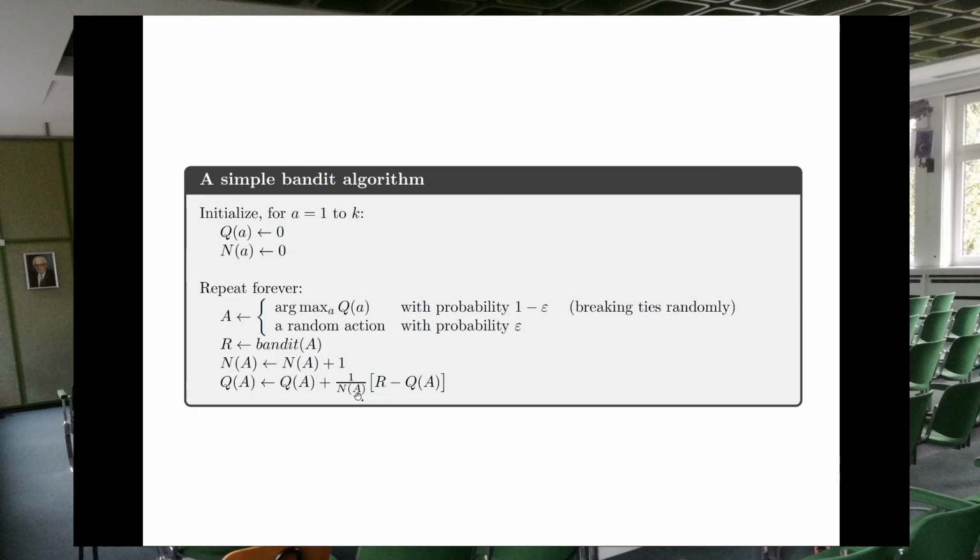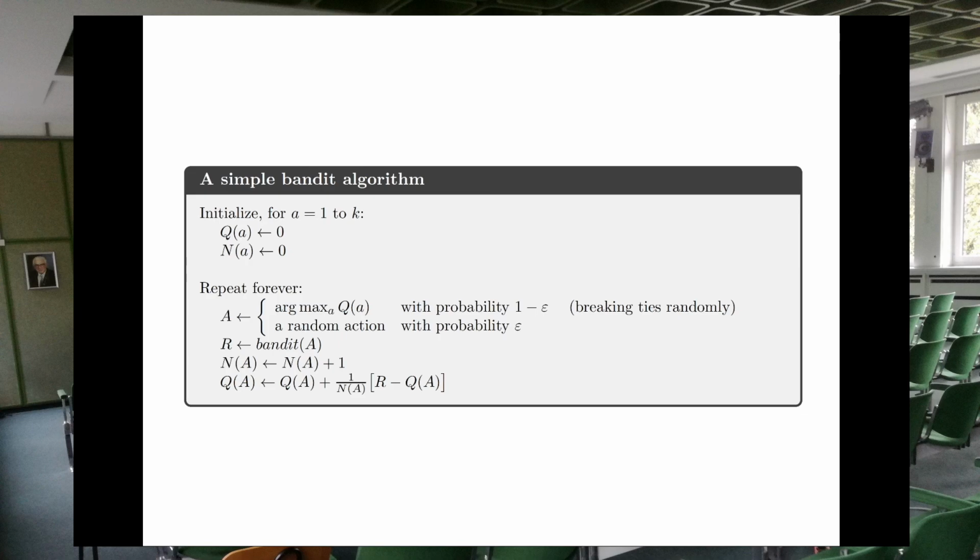If you don't want to compute this incrementally, what you would need to do is keep in memory all the rewards that you get after executing each of the actions, and every time you execute an action one more time, you need to get the most recent reward of that action, access your memory to check the other rewards that you got before with that same action, and recompute the average.